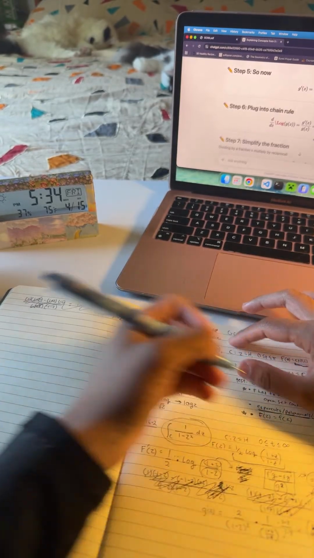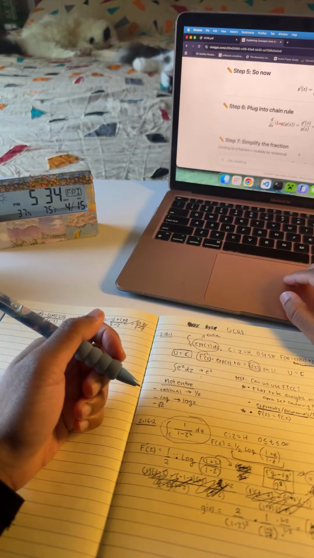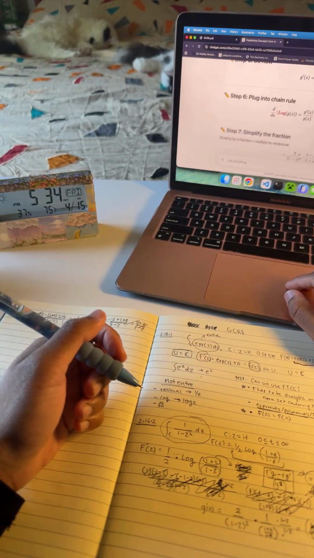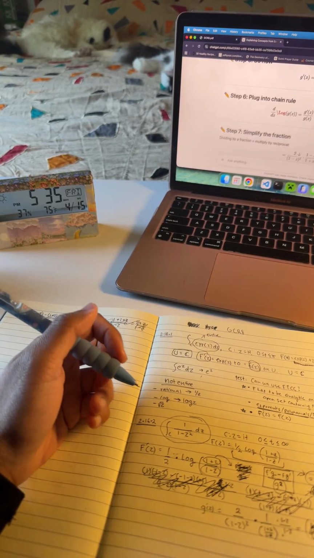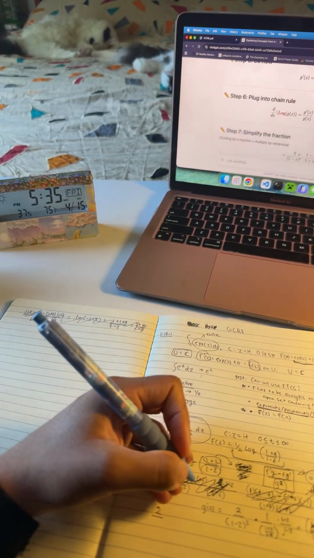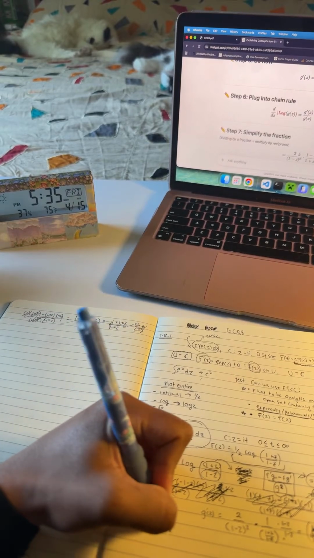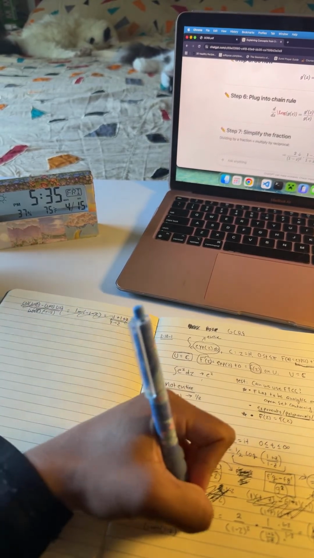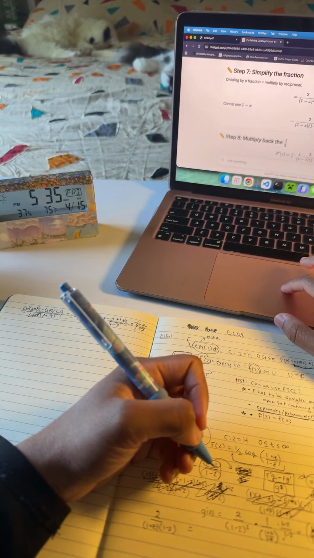But I'm not doing it in the right order. Does it matter in which order you multiply it? I don't think so. 2 over 1 plus c, 1 minus c. That should be our answer.